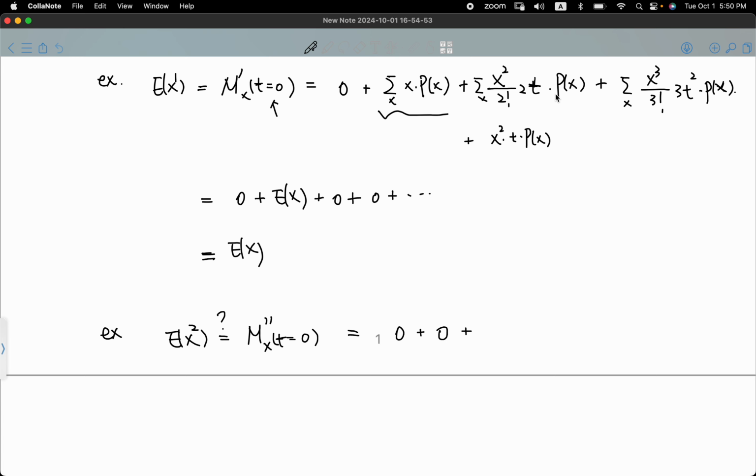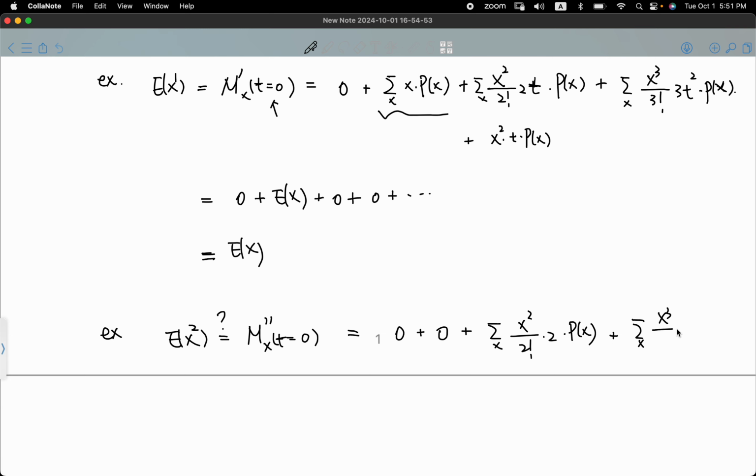So starting with the third term, it started involving t. So now when you take the derivative with respect to t, what does this return? Summation of x times 2 px. Okay, yes. So that is the third term when you take the derivative with respect to t. What about the fourth term here?